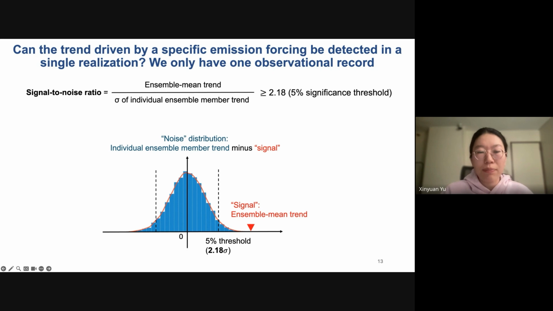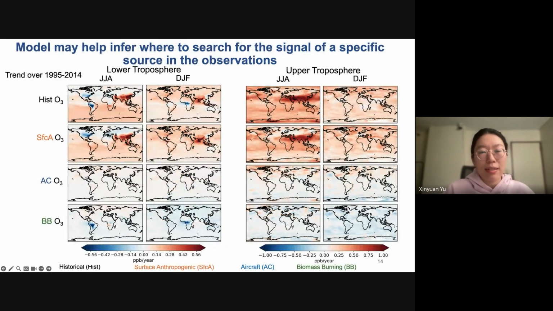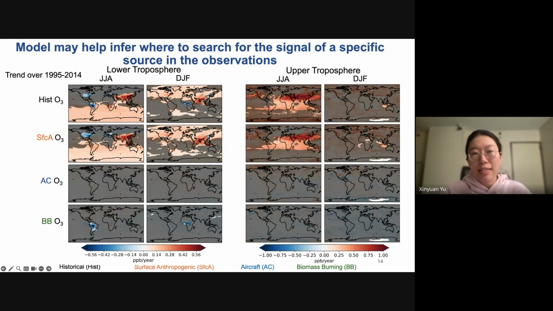Okay, so here I recall the seasonal ensemble mean ozone trend in the lower versus upper troposphere in different seasons. And I masked the grid points where the signal-to-noise ratio for ozone trend doesn't exceed the 5% significance threshold.